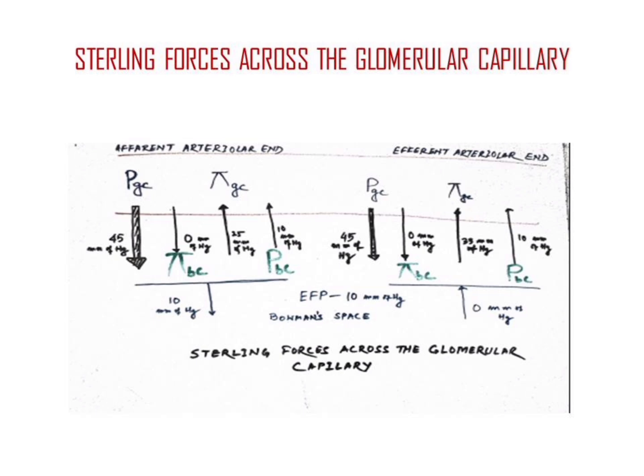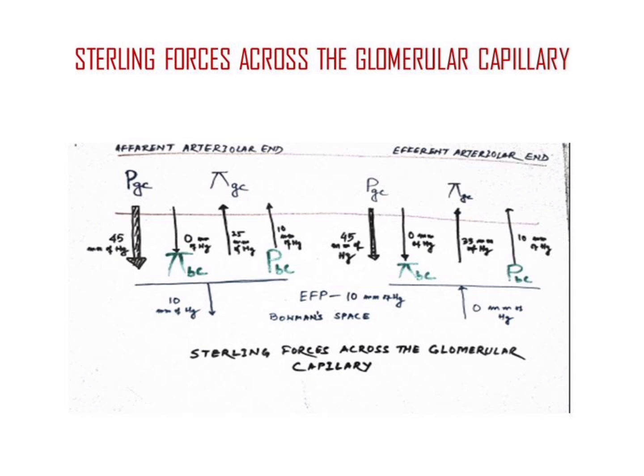So outward force is 45 mm of mercury, and inward force is the oncotic pressure of the glomerular capillaries, 35 mm of mercury, and hydrostatic pressure of the Bowman's capsule, 10 mm of mercury. So resultant inward force is 45 mm of mercury.